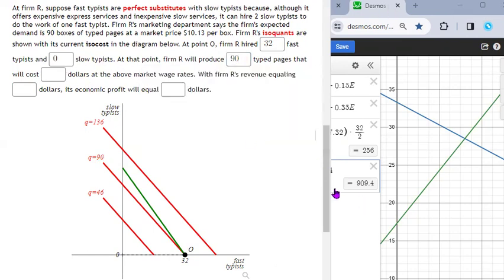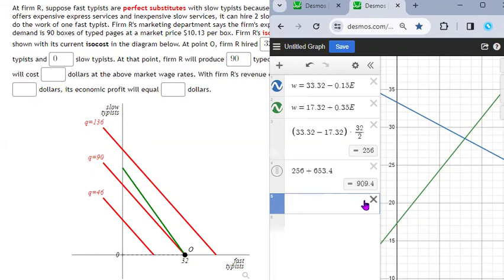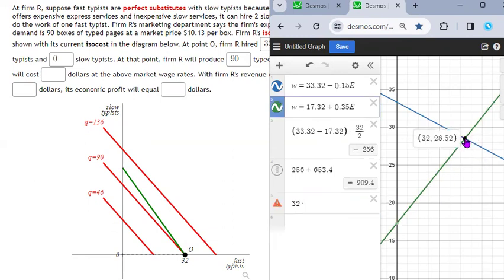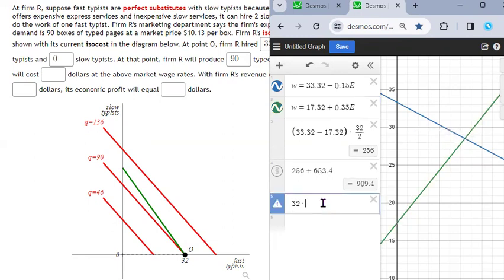Now, how much does it cost to produce those 90 pages at this point? Well, we're going to have to multiply 32 times the wage of fast typist. And the wage of fast typist was what? 28.52.